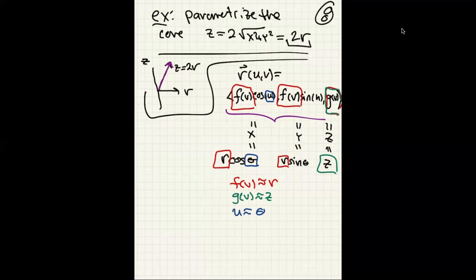But let's come back to this equation up here. Let's describe this sloped ray using a parametric equation with time parameter v.